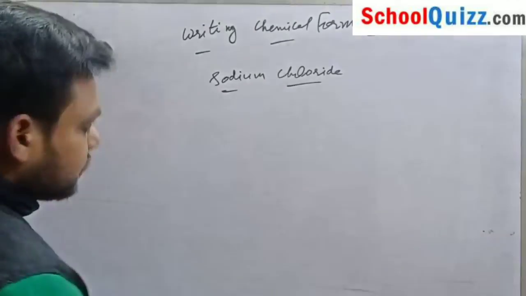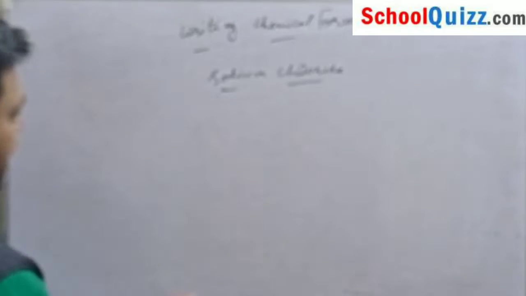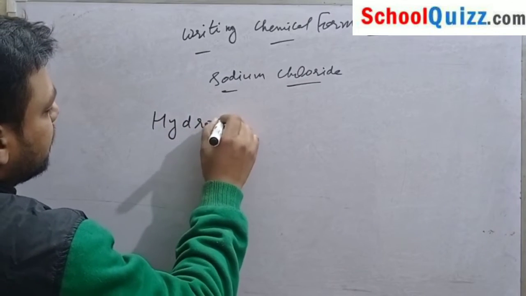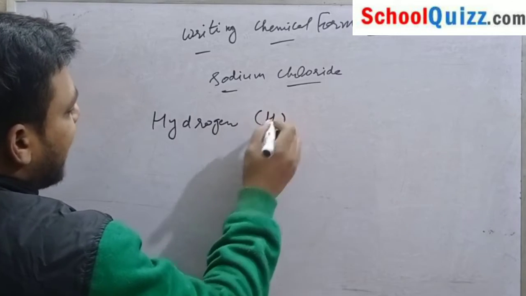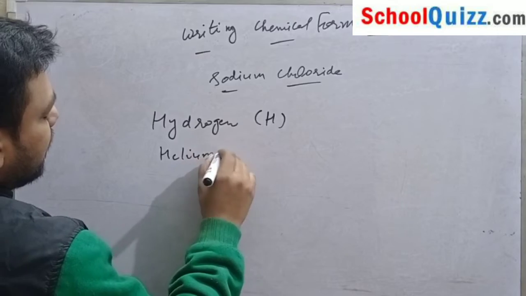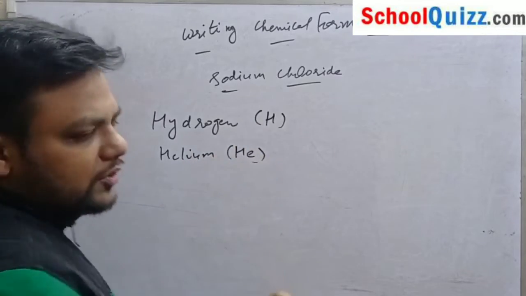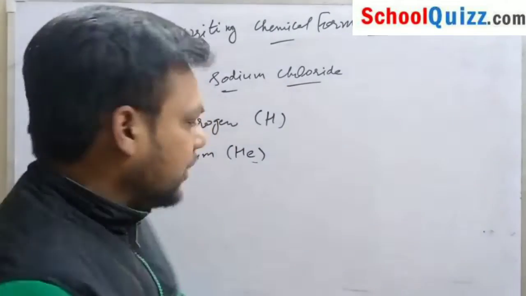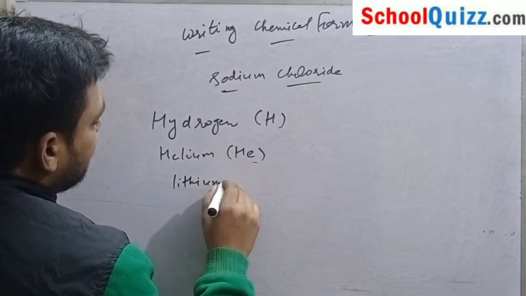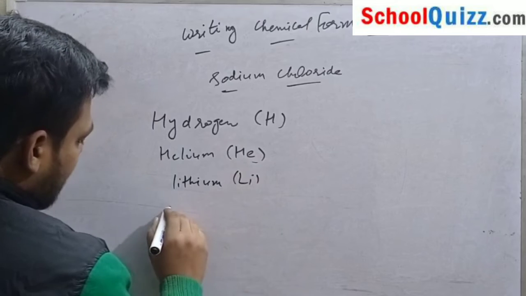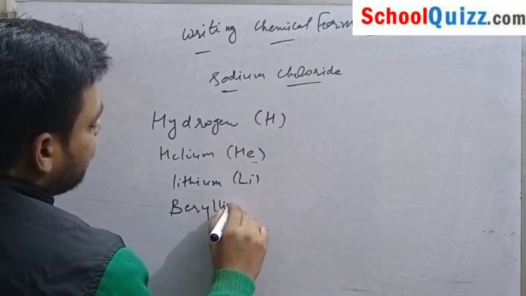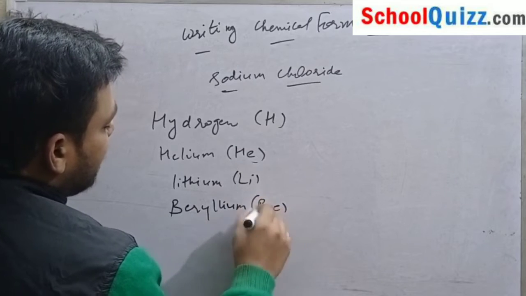First of all, if we take hydrogen, its symbol is H. Next we take helium, He. The first 20 elements you have to remember. Hydrogen, helium. Third one is lithium, that is Li. Fourth one is beryllium, Be.